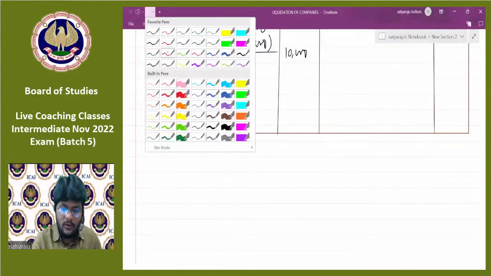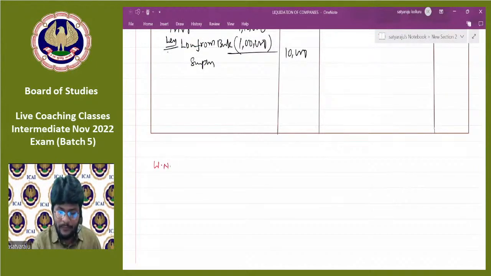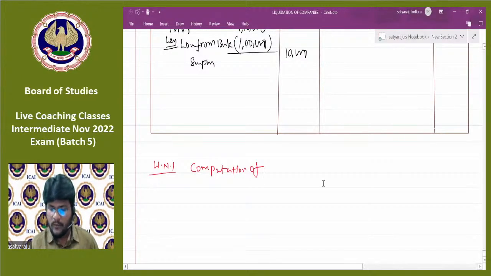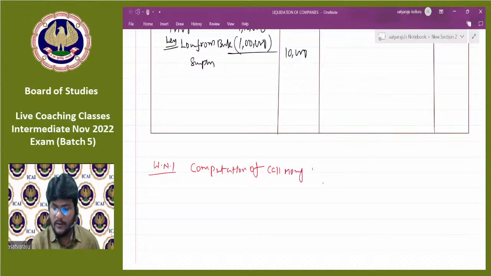Go for working note. Working note number 1. Computation of call money need to be made from partly paid up equity shareholders.